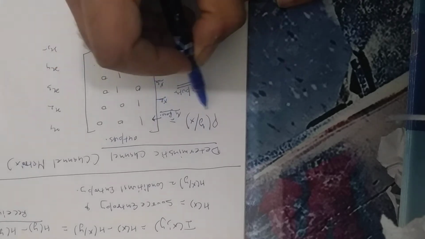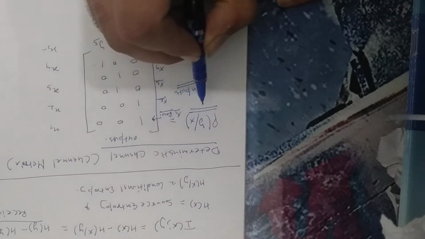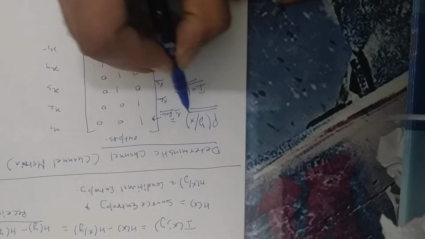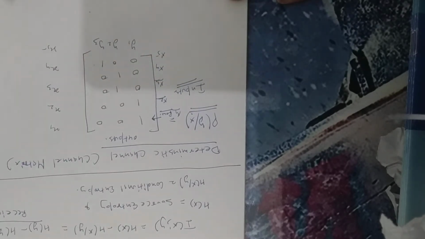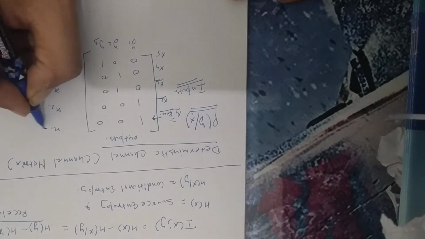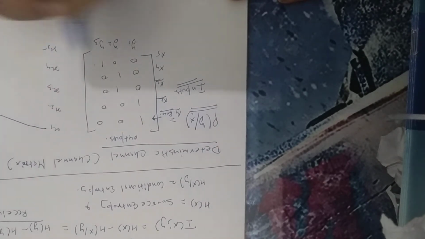Channel matrix means P(Y/X), that is, the probability of receiving y when x has already been transmitted. X has already been transmitted, and what is the probability that we will reach y1?